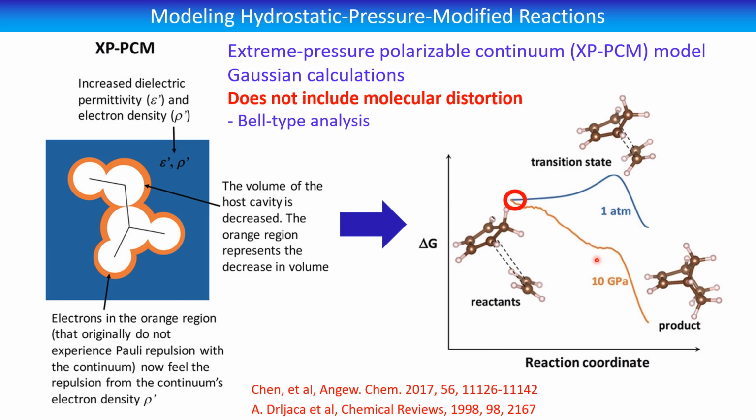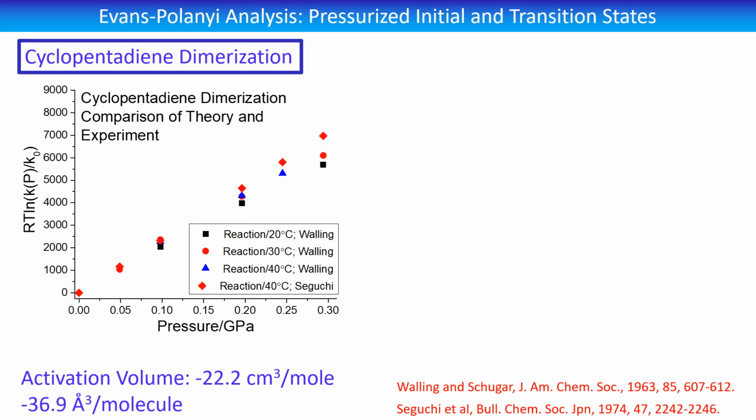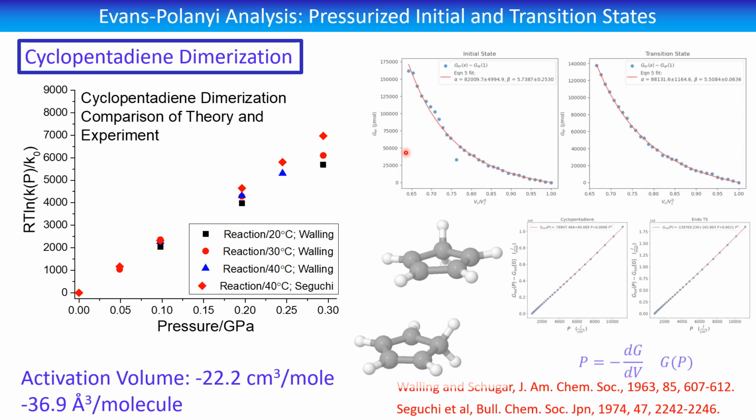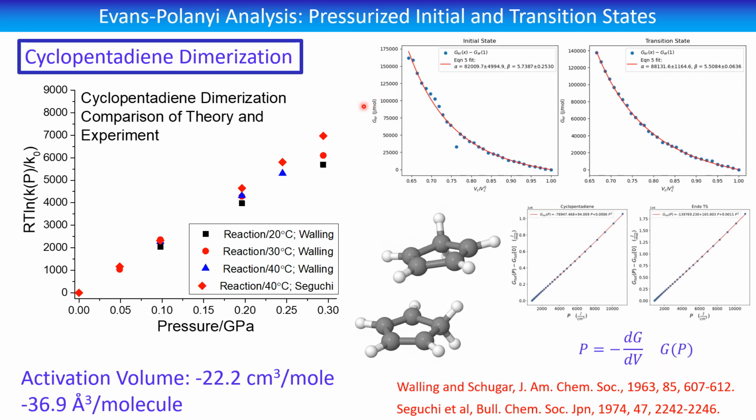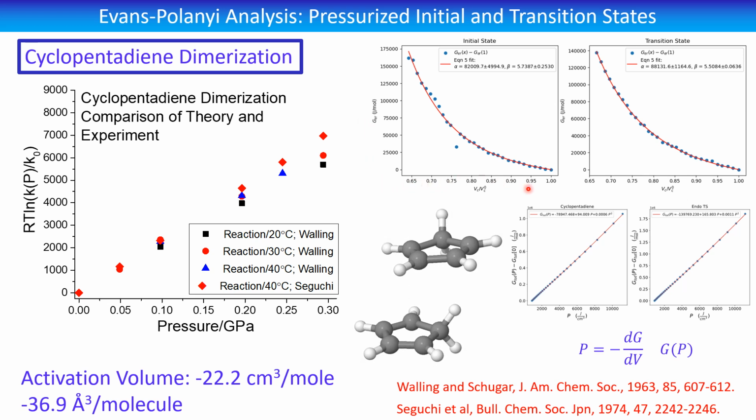Because this is a thermodynamic model, we only need to calculate the properties of the initial and transition state. And we do this for the cyclopentadiene dimerization reaction because we have extensive data on measuring that rate as a function of pressure. So we can use the XP-PCM model to calculate the Gibbs free energy as a function of the volume of the cavity.